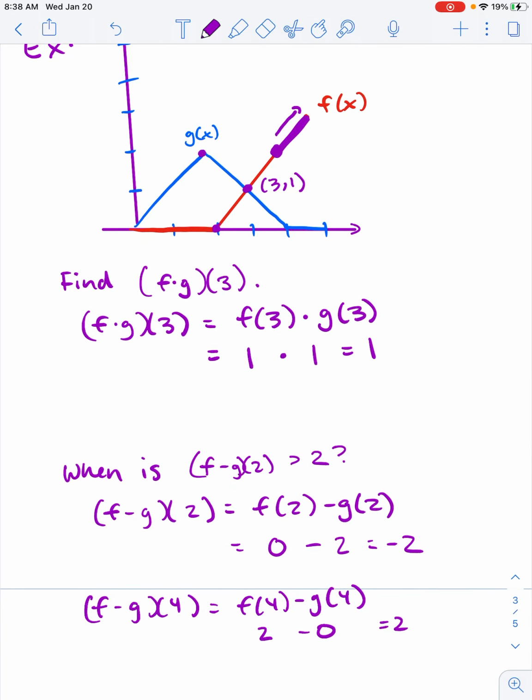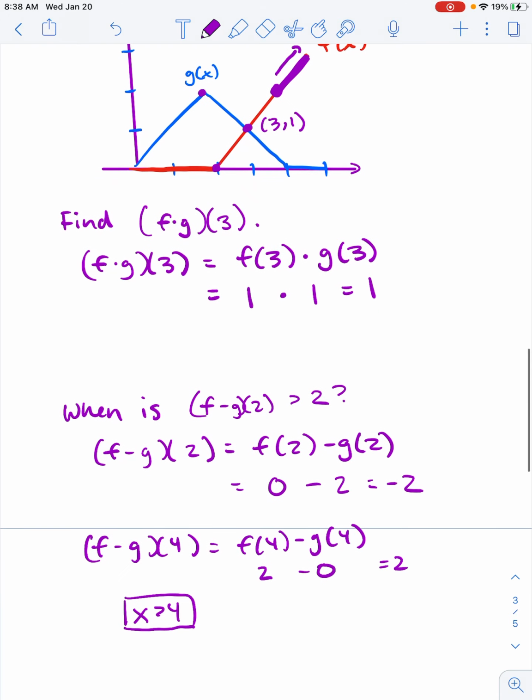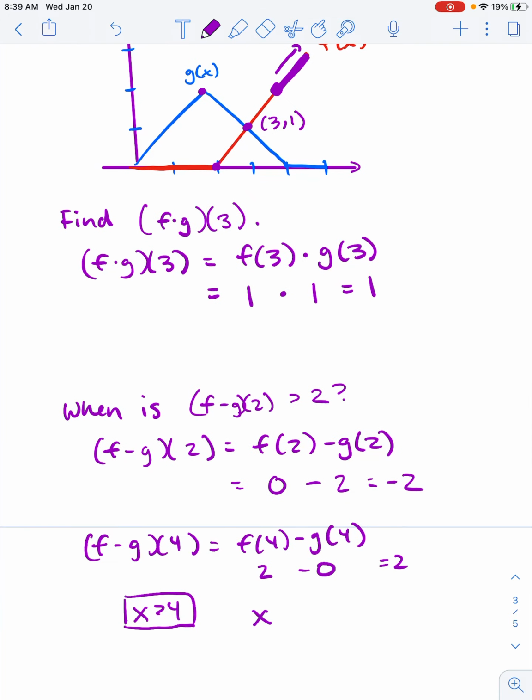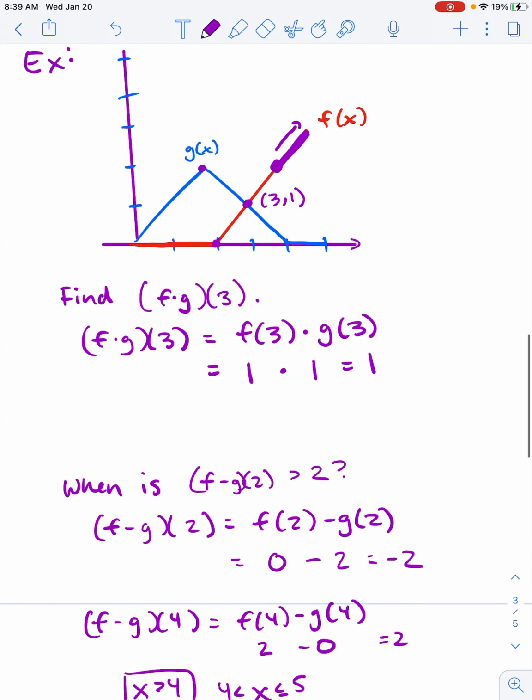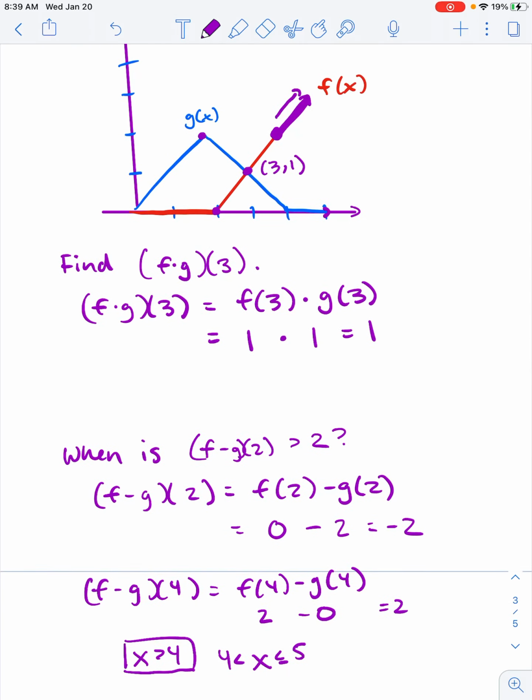So any place where x is greater than 4 would be our answer. In this case, our functions stop at 5, so it actually would be x is greater than 4 and x is less than or equal to 5. If these had arrows and kept going, then you wouldn't need to specify that x is less than or equal to 5.